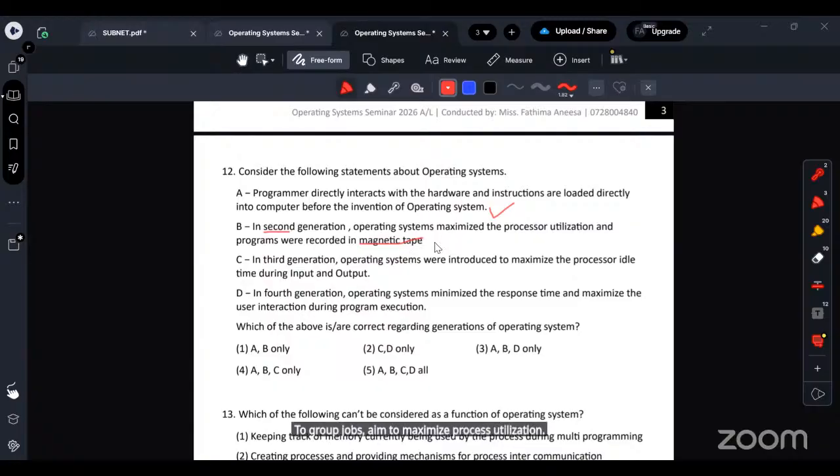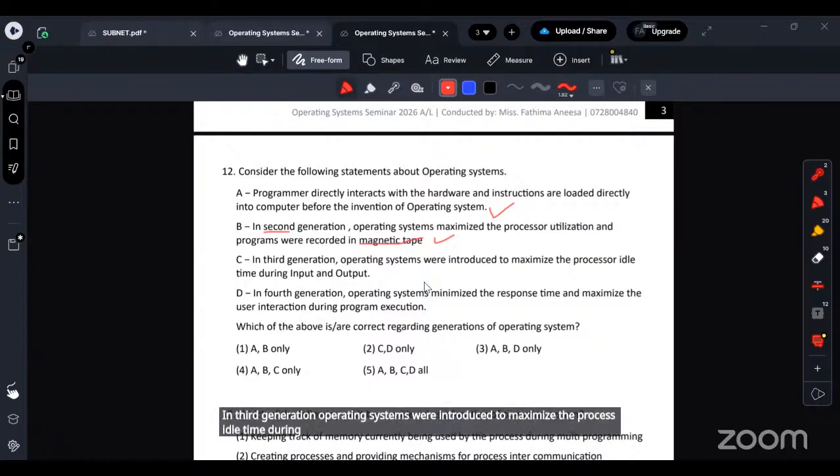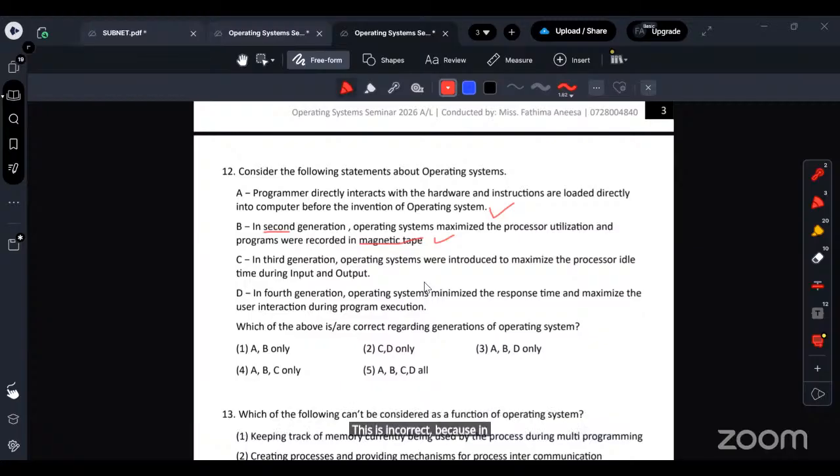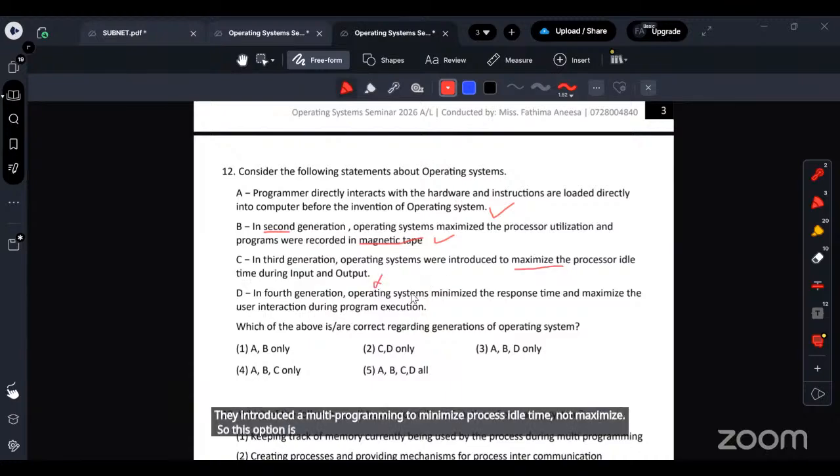So that is also correct. In third generation, operating systems were introduced to maximize the processor idle time during input and output. This is incorrect because in third generation systems, they introduced multiprogramming to minimize processor idle time, not maximize. So this option is wrong, right?